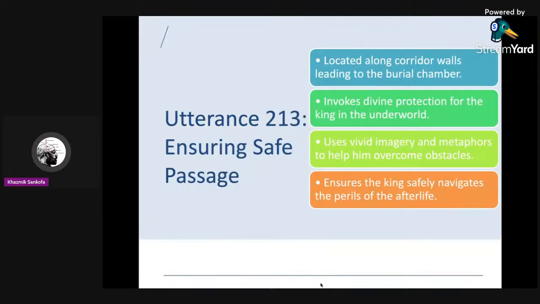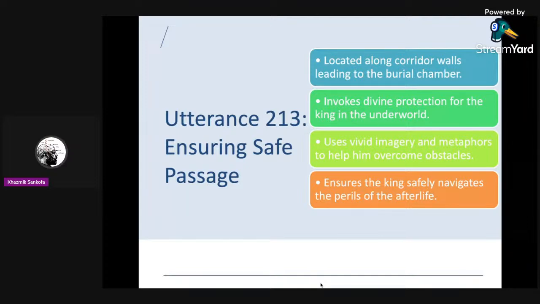All right. So utterance 213, it's in the corridor walls, and it invokes divine protection for the king in the underworld. It ensures the king safely navigates the perils of the afterlife. Or another way to say that is utterance 213 invokes divine protection as you are going through initiation.